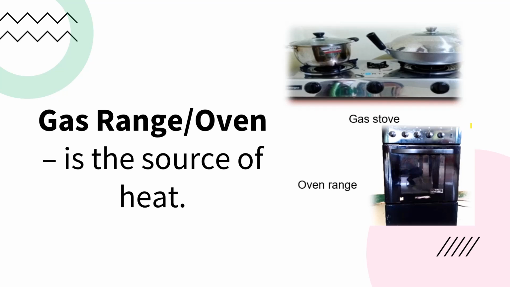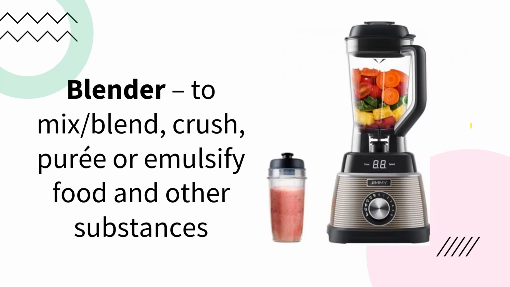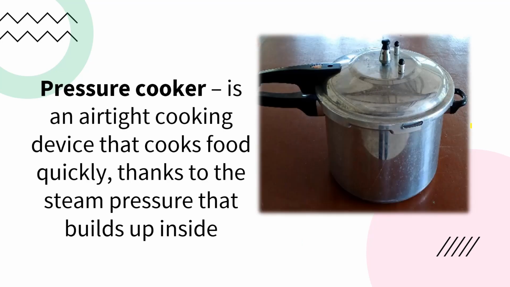So, next is the blender. Used to mix, blend, crush, puree, or emulsify food and other substances. I know you are familiar on this, lalo na sa mahilig mag-shake. Dahil yun lang ginagamit dito sa pang-blend. So, yun ang blender.